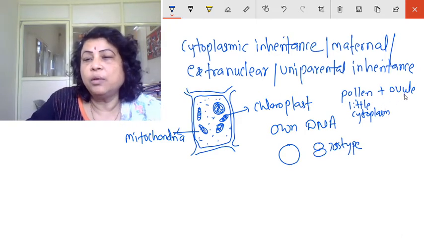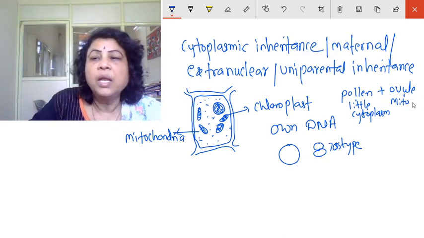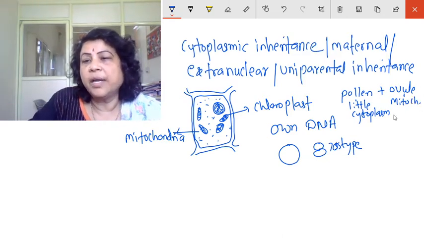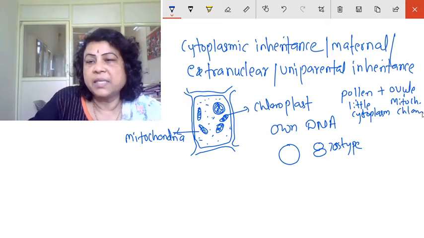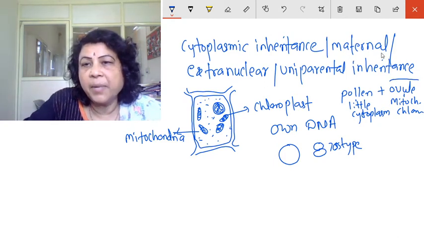Only the ovule has a large cytoplasm with mitochondria as well as chloroplast. So it is present in the mother parent only.